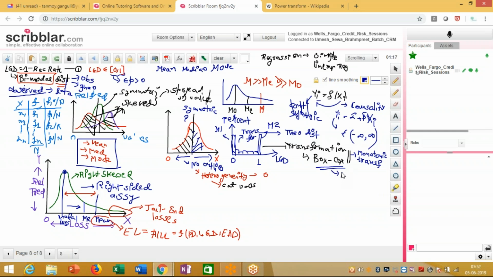So the next important step is to understand how to do a Box-Cox transformation. And before we talk about a Box-Cox transformation, we need to understand what exactly a monotonic transformation is, and what a power function is.